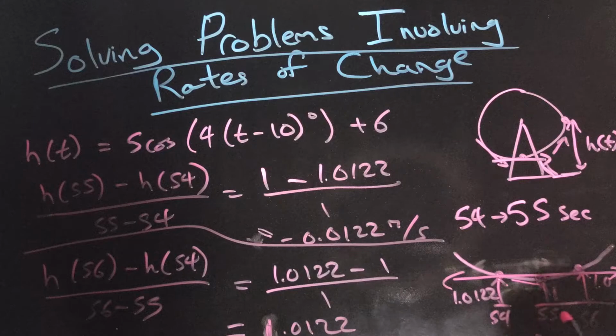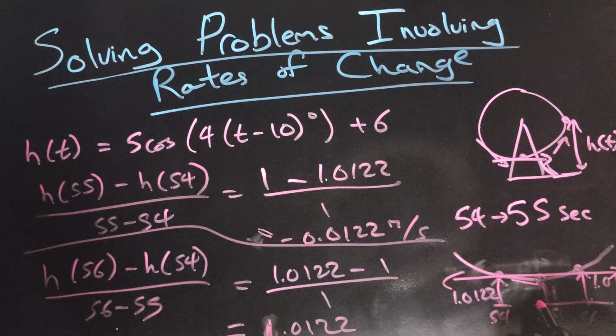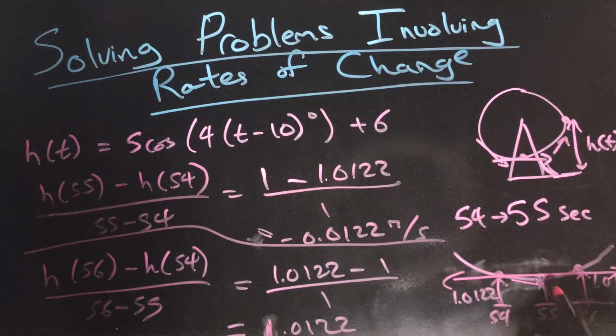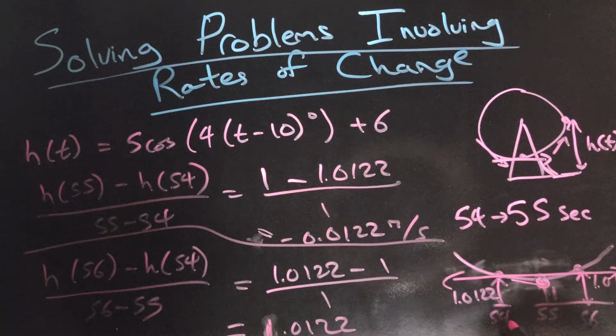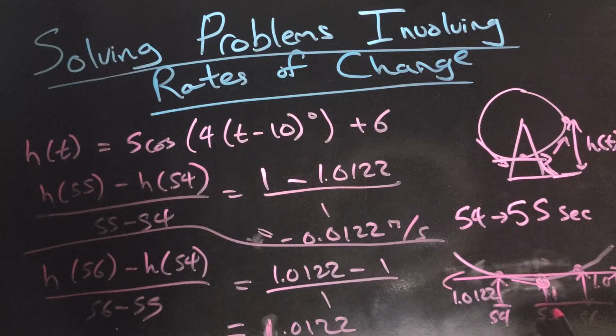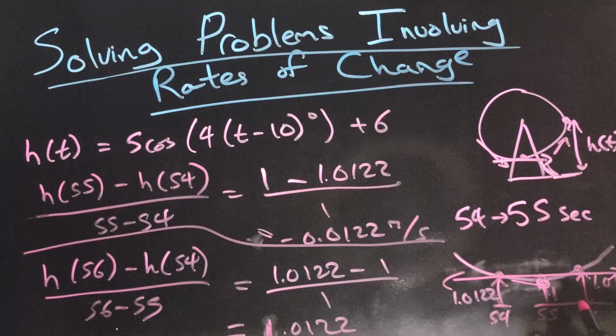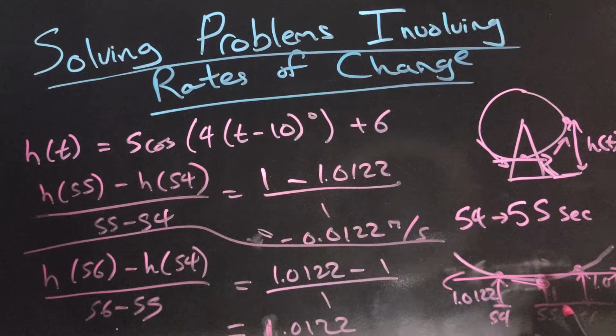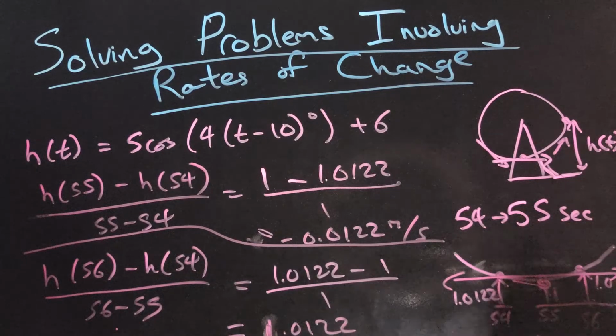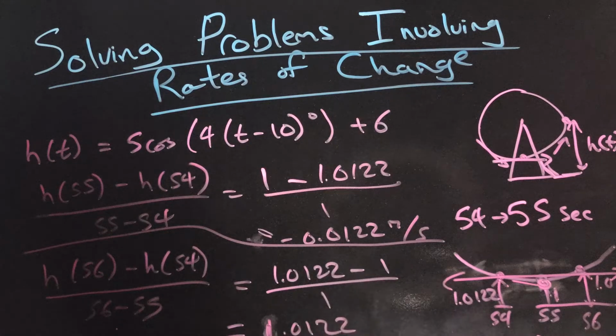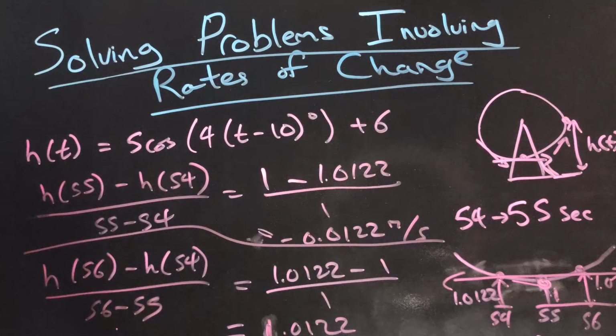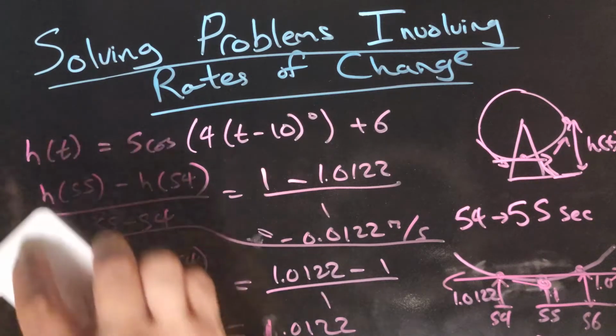So it's not unwise to say that the lowest point will happen between 54 and 56. So 55 would make a great estimate and therefore would become the lowest point. So let's look at one more example with the rate of change.